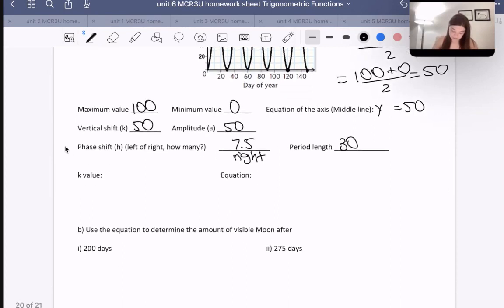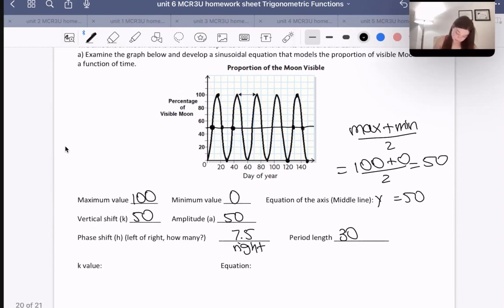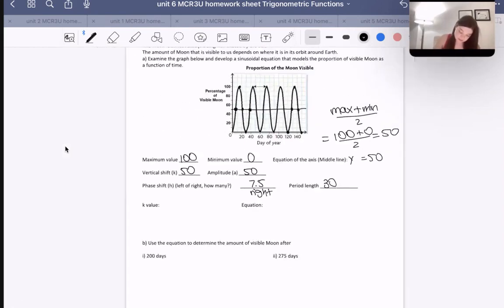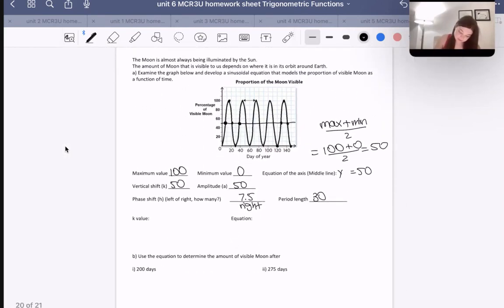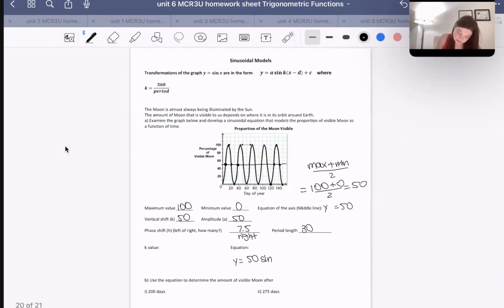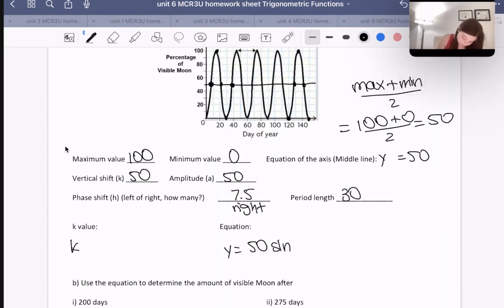All right, so now I'm going to make an equation using all of this information. So I'm going to say y is equal to the amplitude, which is 50, sine times what? Well, what's our k value? We know that the k value is equal to 360 over the period length.